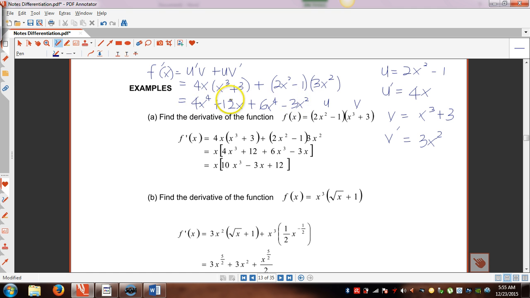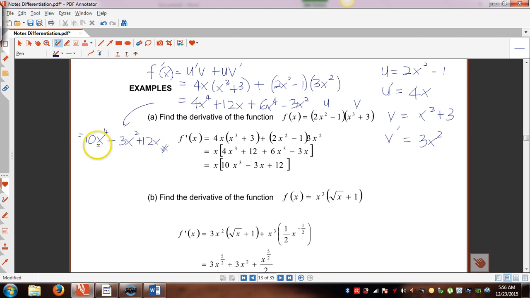Then we have to simplify this because we have two parts with x to the power of 4. So the answer should be 4 plus 6, which gives 10x to the power of 4, right? Then negative 3x squared, plus 12x, and we don't have any constant there. So this is your final solution.